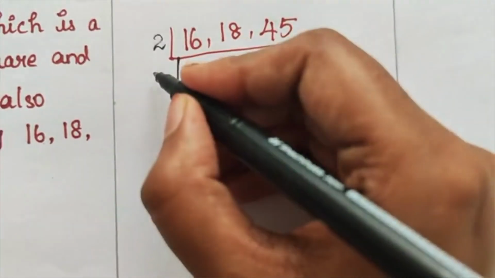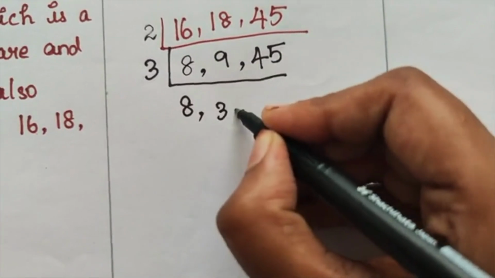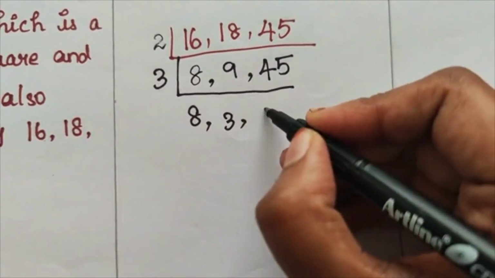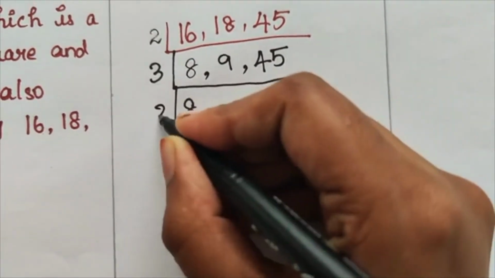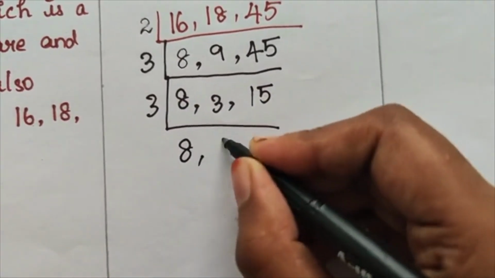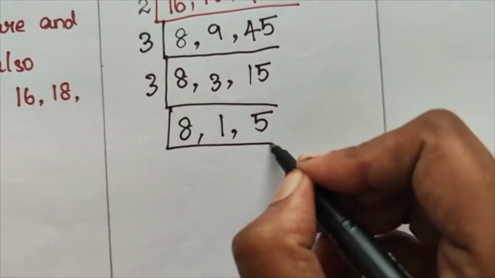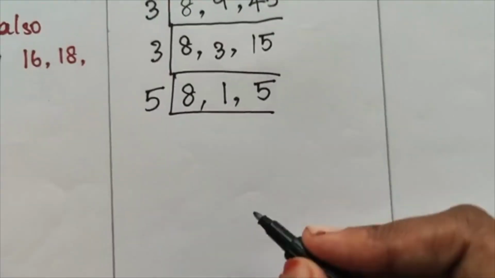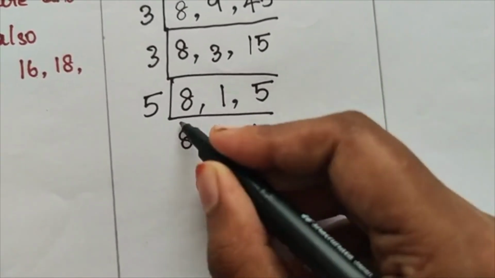Now I can use the 3 table. This is 3, remainder 1, 15 times. Again I can use the 3 table, 1, 5. Now I can use the 5 table, this is 1, 1.